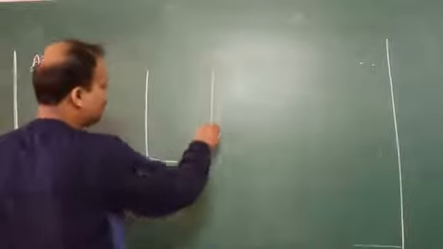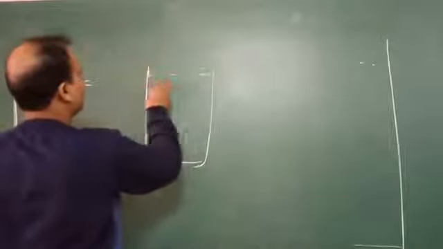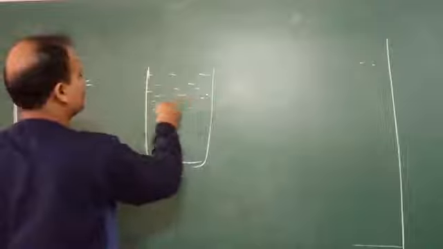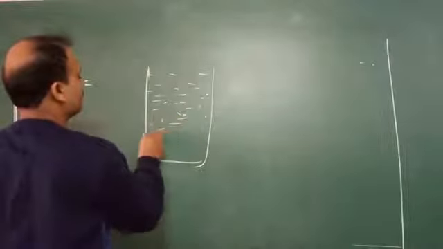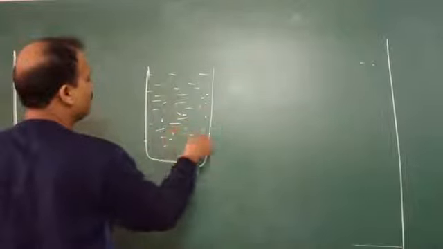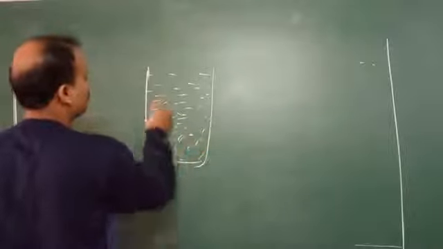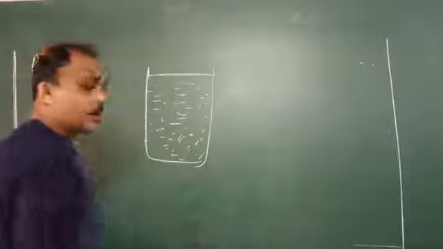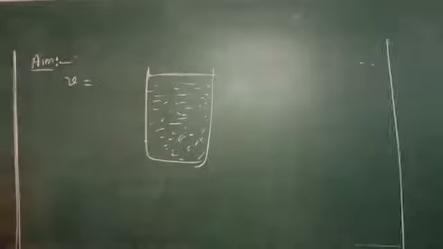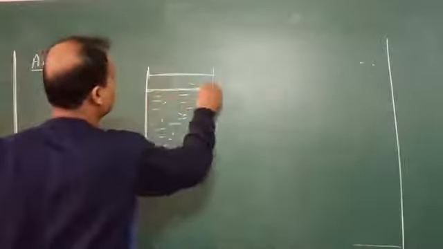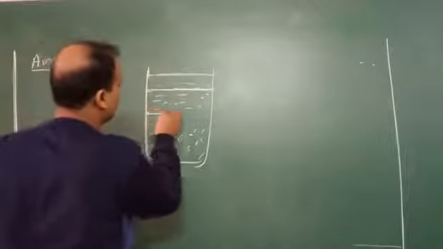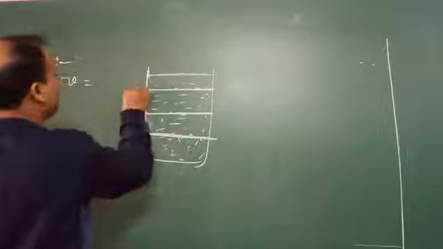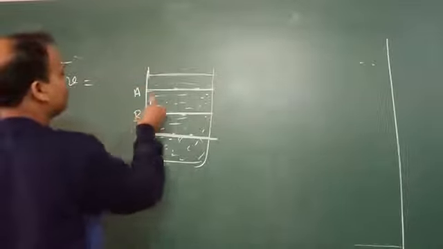Suppose this is a glass jar and we have filled it with viscous liquid. According to your book, we will mark 3 points, A, B, and C, with the same distance between them.